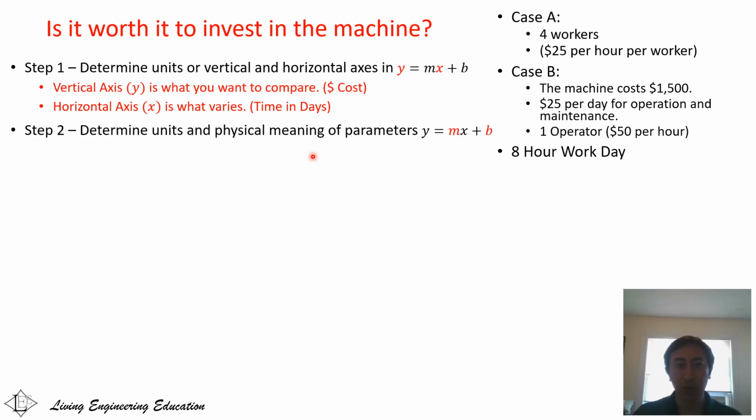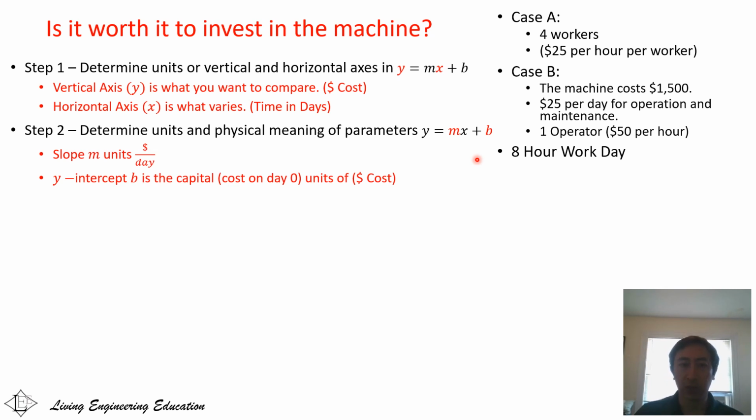Step 2, now I have to give a similar concept. I have to determine the units and give physical meaning to the parameters. My parameters are m, the slope, and b, my y-intercept. I'll switch the order here and look at the y-intercept.